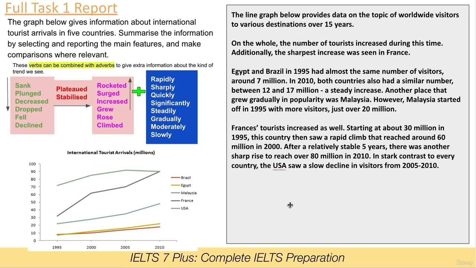Okay, so hopefully that gives you information and makes you feel a bit more confident about line graphs. Like I said, they're a popular type of graph in the exam, so necessary to practice this one. Okay, lovely.